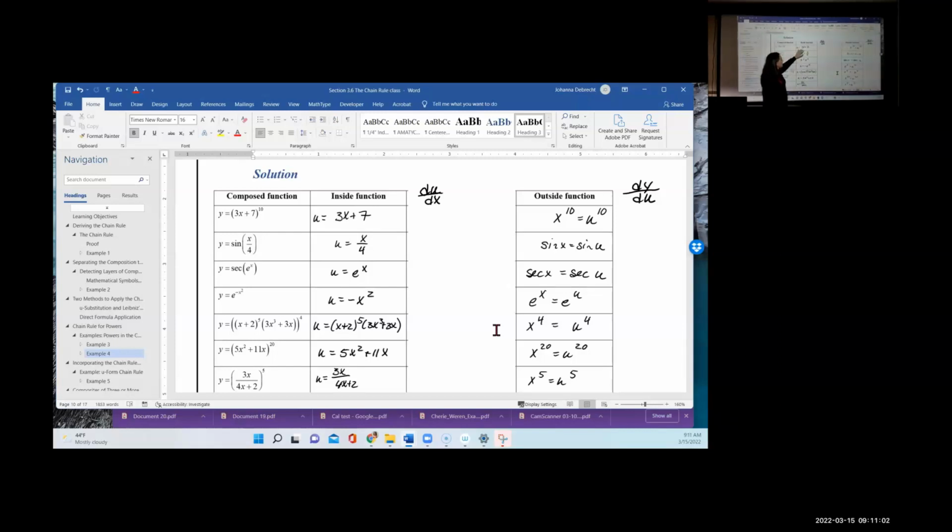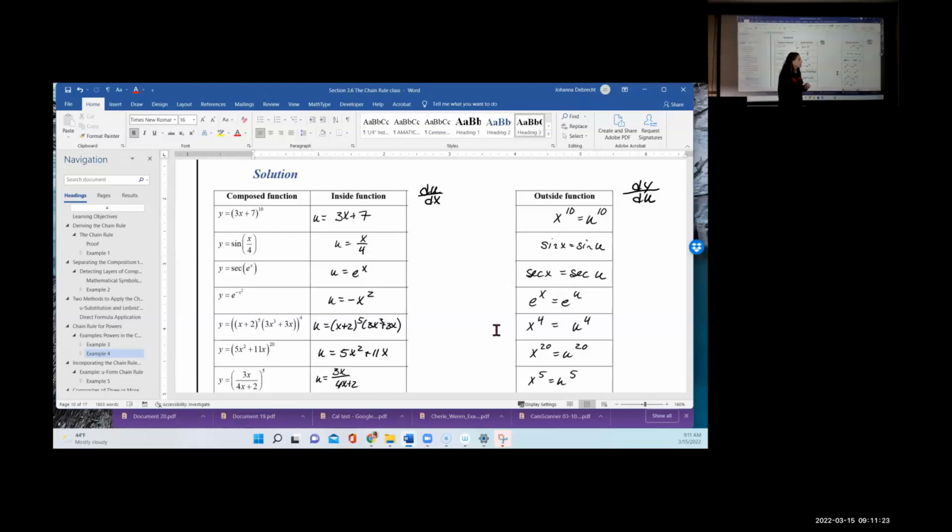So we want to let u be the inside function, and we're going to let the outside function be u raised to whatever power or the sine of u or whatever it happens to be, and we're going to apply our formula.